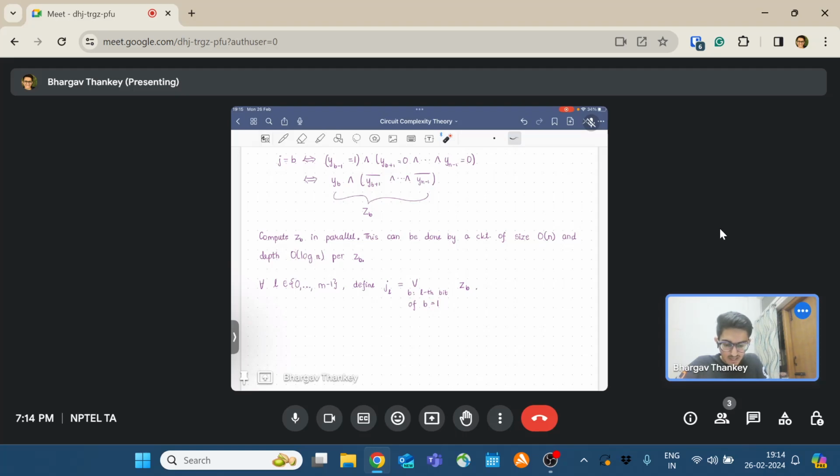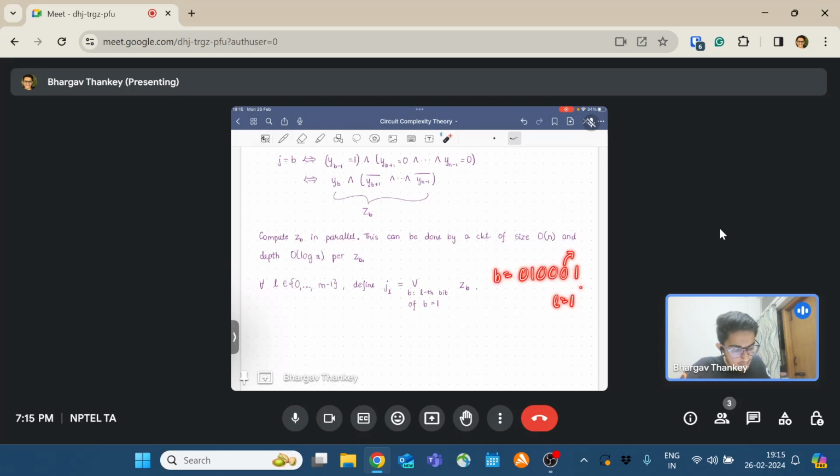So we have this condition for all b, right? And what I'm saying is pick all b's so that the Lth bit of b is 1. Okay. So let's say b was something like 0, 1, 0, 0, 0, 1 and L was 1.